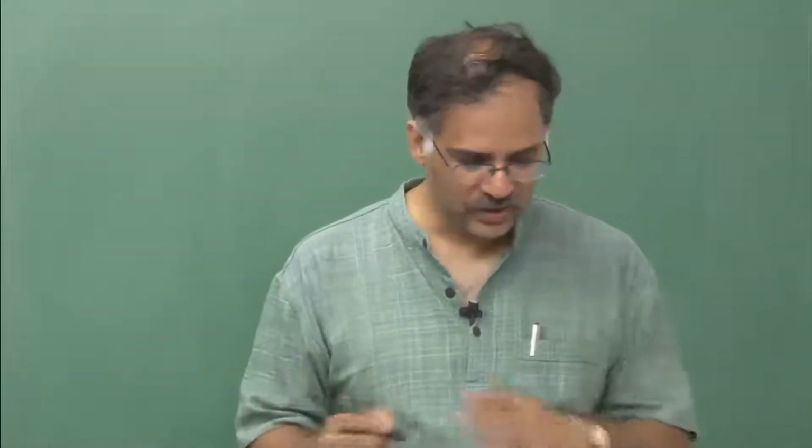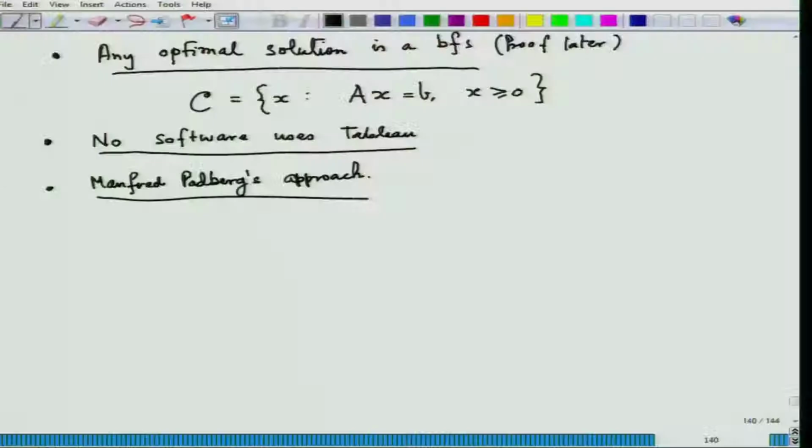So, again we now go back and start our foundations of the simplex method. Our problem, to recall for those who would not remember what has been done earlier, is to minimize this linear function such that Ax = b and x greater than or equal to 0.